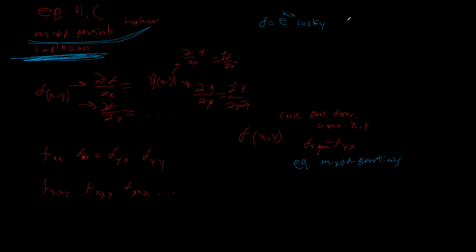Well, what's going to happen if we take f_xx? This is going to be k squared e^(kx) cosine ky, just because of how this works. F_yy is going to be negative k squared e^(kx) cosine ky, because if you take the derivative of cosine twice, you just get negative cosine, and since you have the k, we pop that in.